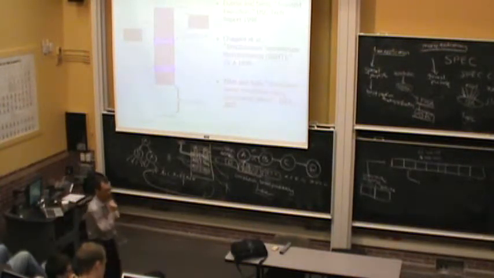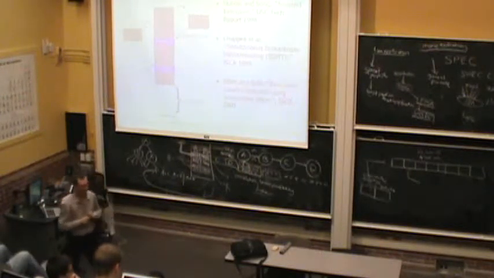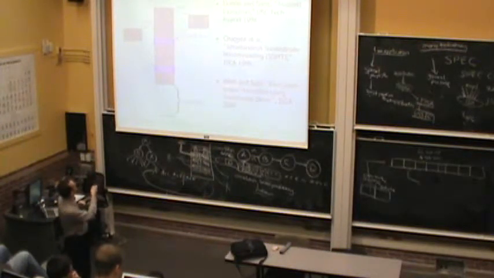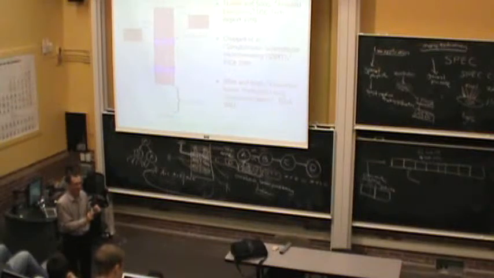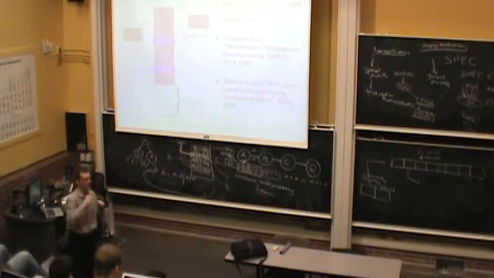That sounds like incredibly costly, though, to work out another thread. You probably need a system call to do that, right? Yeah, so if you have hardware support, it becomes much less costly. If you actually have instructions that fork, that copy your context, so let's say you have a multi-threaded processor. If you have an instruction that says fork your context at this point, and this is not visible, let's say, to the operating system, you don't need to go to the operating system to actually generate a new thread.